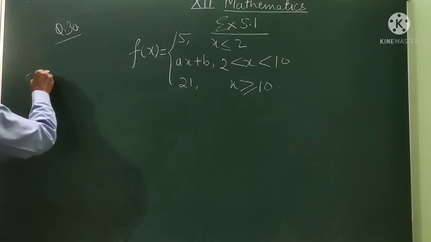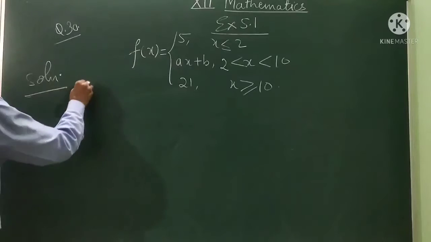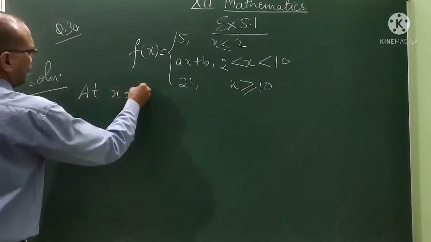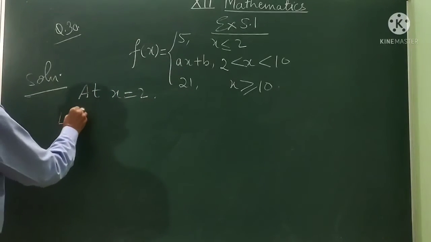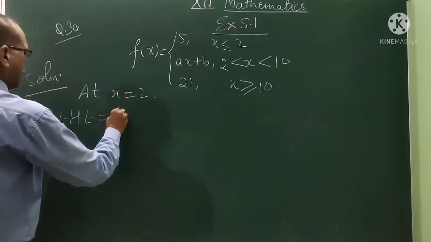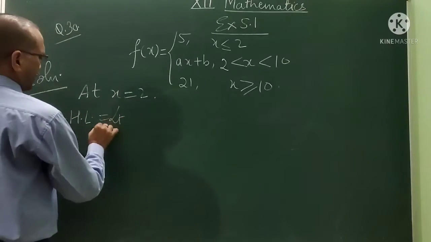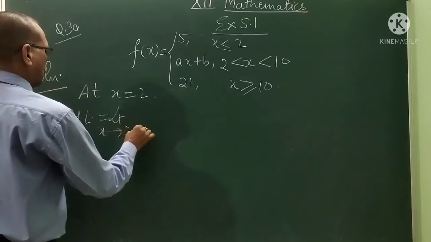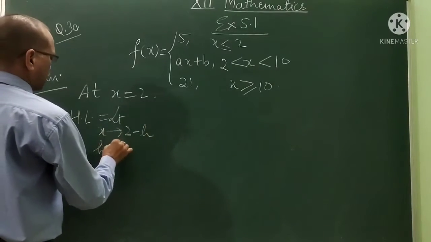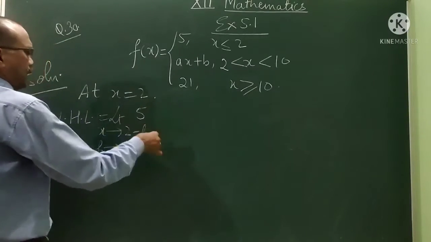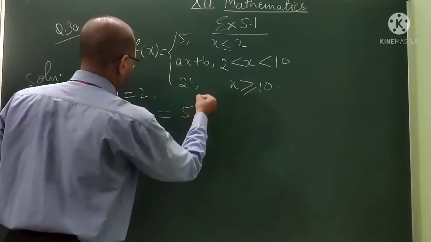First of all, we will find the continuity at x equal to 2. Let us find the left hand limit. The left hand limit is limit x tends to 2 minus h, h tends to 0. The function is 5, so it is directly 5.